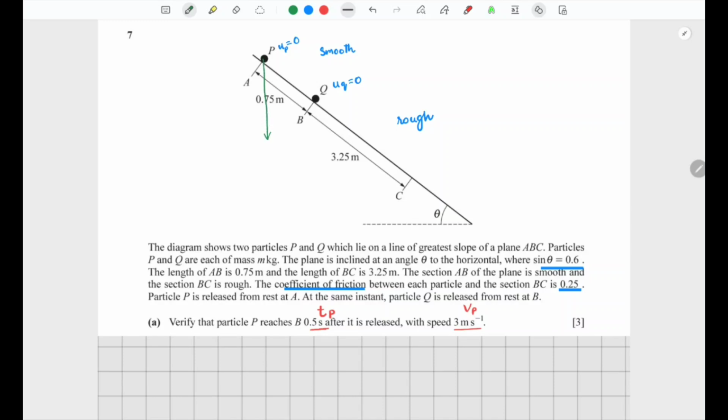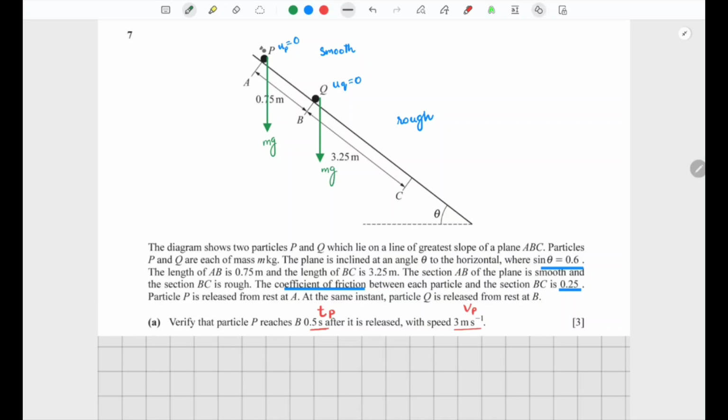So this is your mg for particle P, and this would be for your particle Q. So this is your mg, this is your mg.